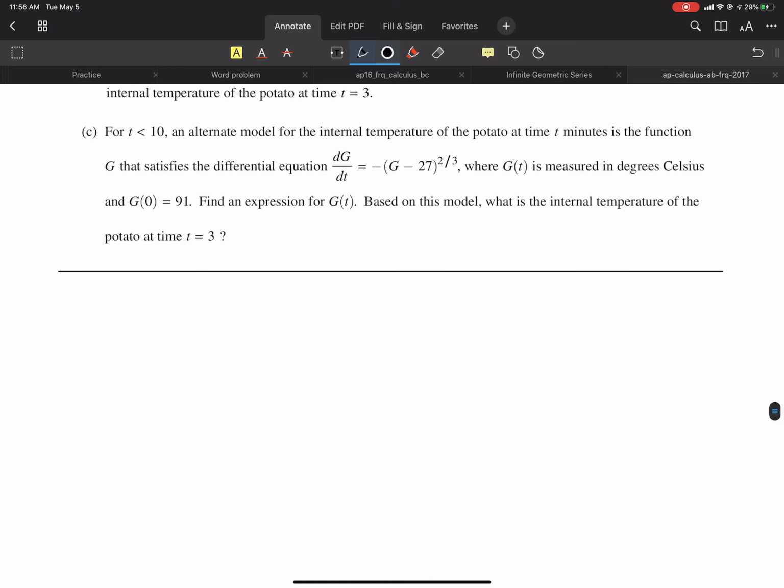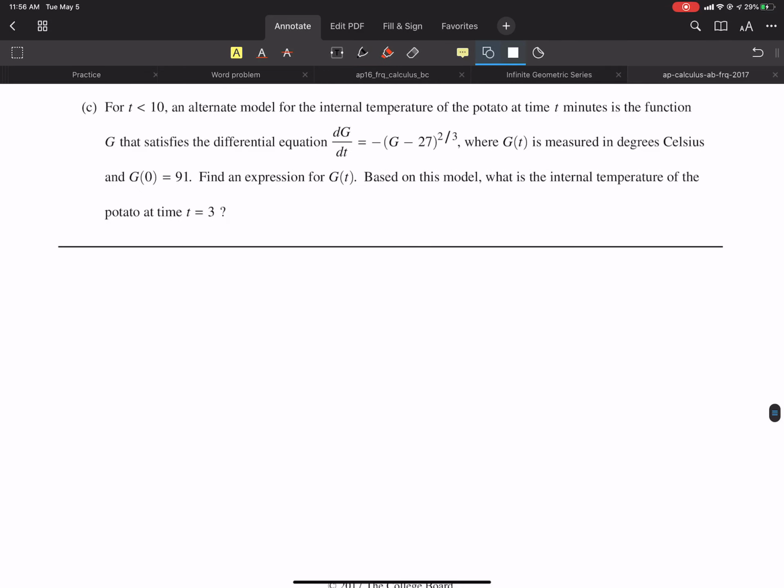Let's go to part C. For t less than 10, an alternate model for the temperature is G. So the first one was a model of how the temperature of potatoes decreases over time, but someone else comes up with a new model.